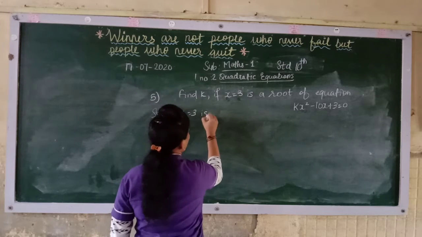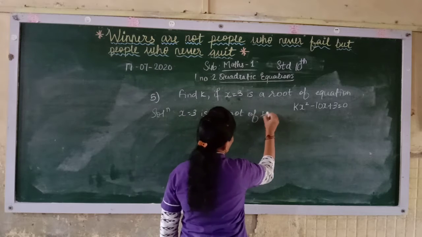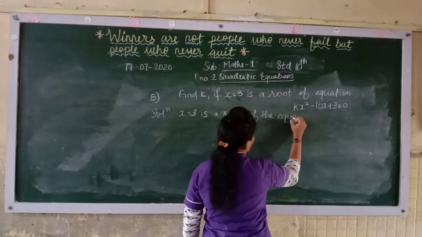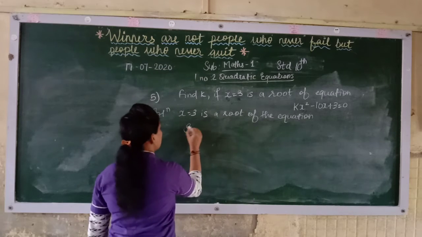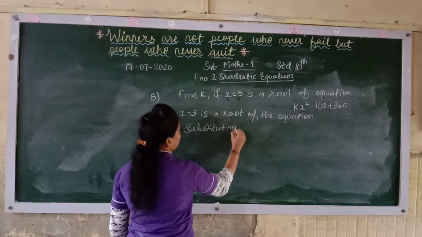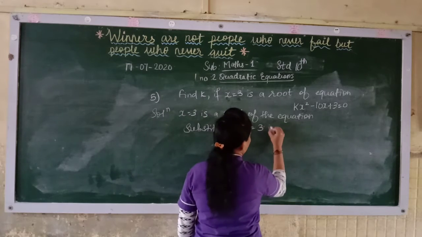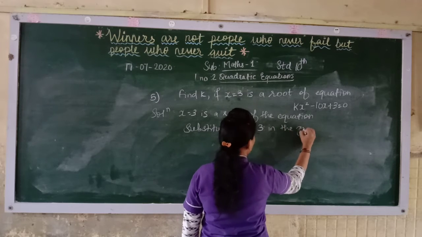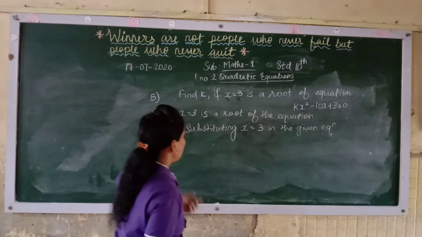x is equal to 3 is the root of the equation given. So now what you will do, substituting x is equal to 3 in the given equation. So what is the equation given over here?